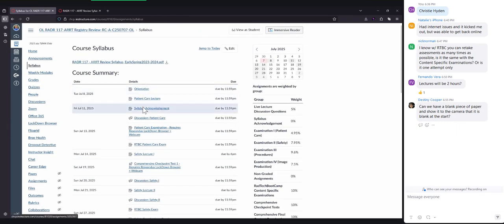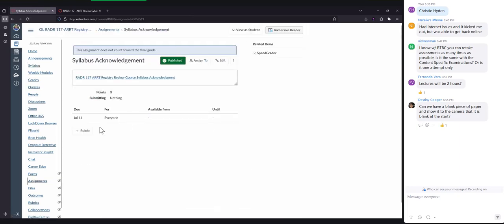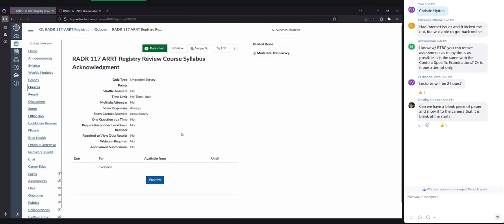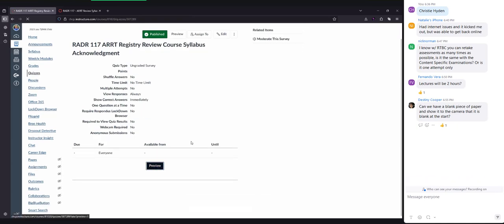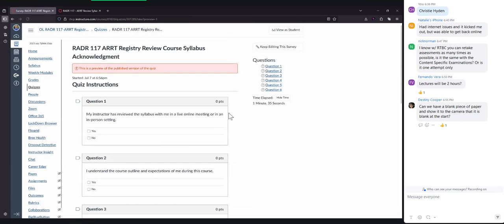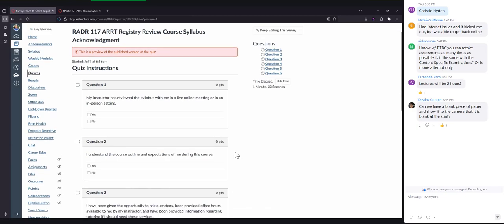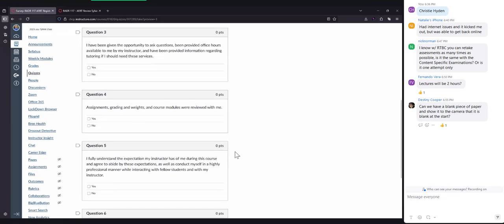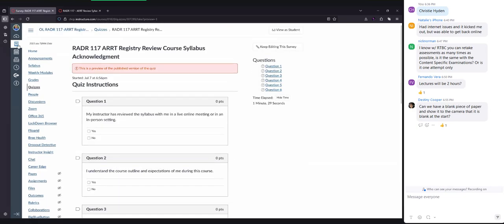If you're worried about hitting something like the syllabus acknowledgement, make sure you hit that. It doesn't count for a grade or anything, but there should be a few questions, 6 of them. Just answer these questions and that'll satisfy the syllabus acknowledgement that you've looked through it.